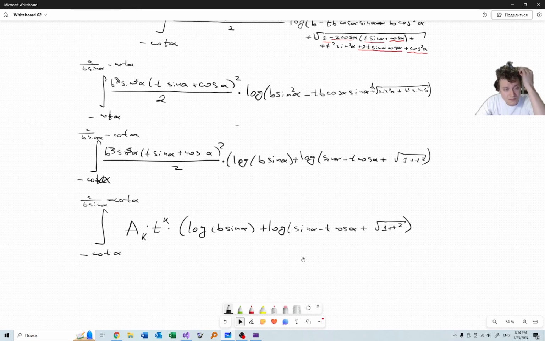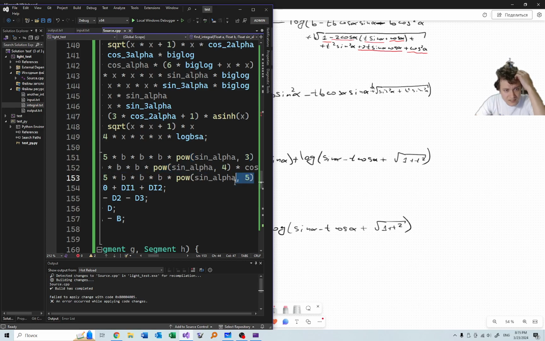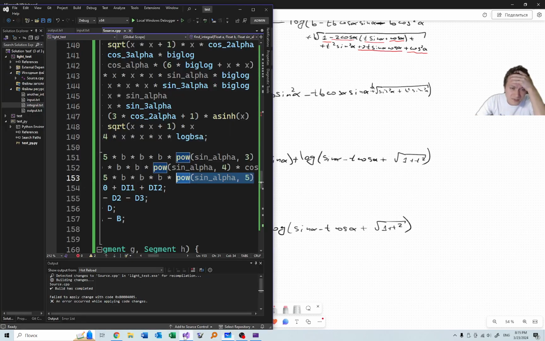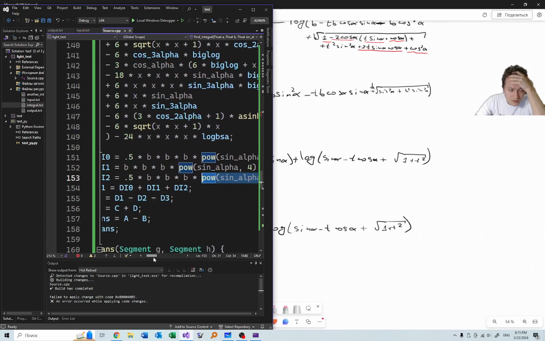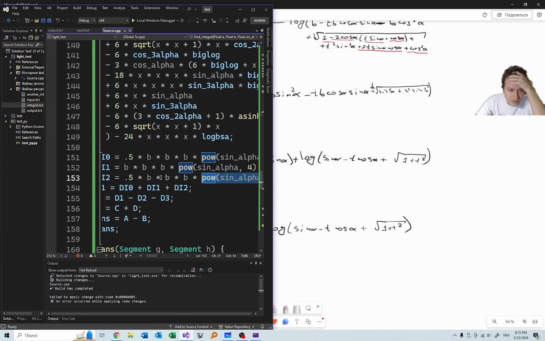It should be sine to the 5th power. Right? But for some reason it says that in the 2nd. Okay, yes. B cubed sine to the 5th power times 1/2. Then in the middle we have b cubed sine to the 4th power cosine.